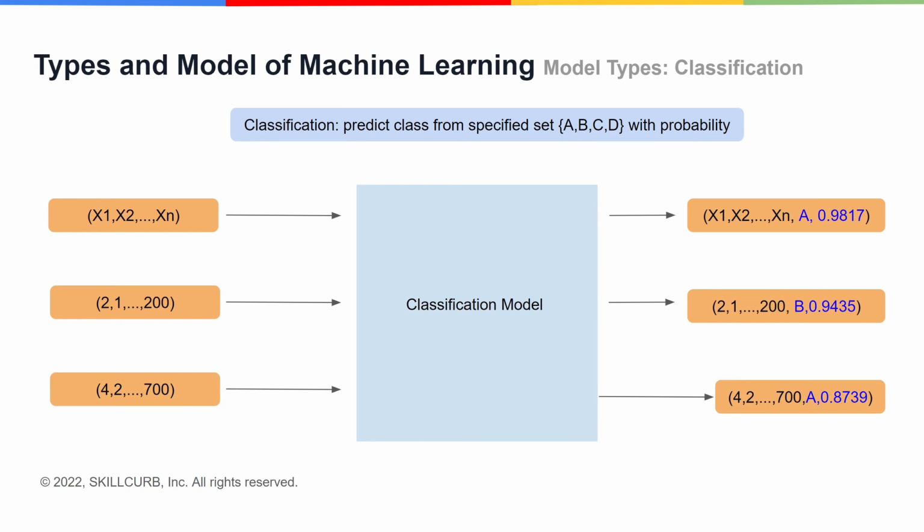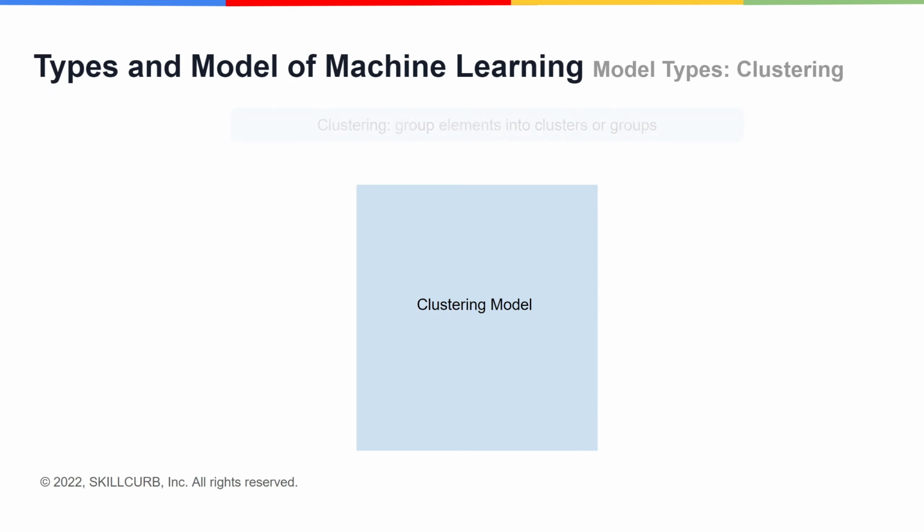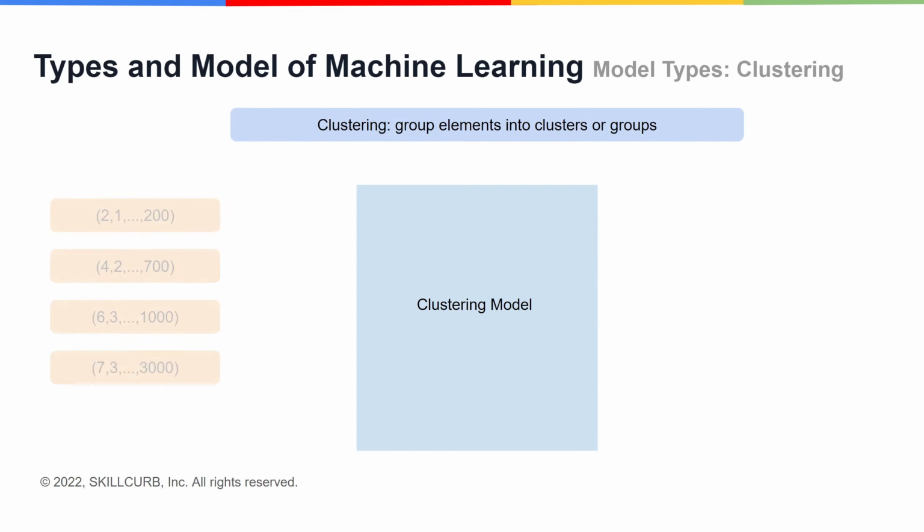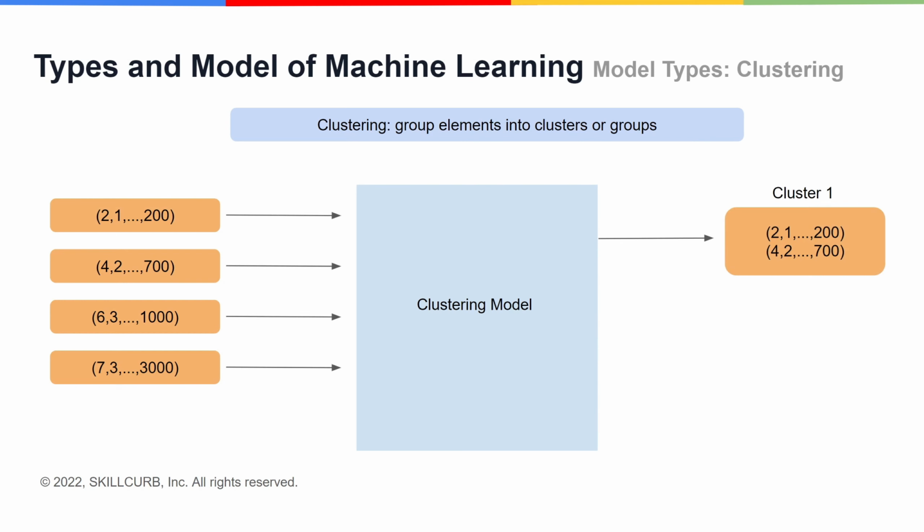Now let's explore clustering. When we cluster, we organize items into groups or clusters. We have a clustering model. We can create a large number of clusters by associating some inputs with cluster 1 and other inputs with cluster 2. Workers that behave nicely would fall into cluster 1, but misbehaving employees would fall into cluster 2.